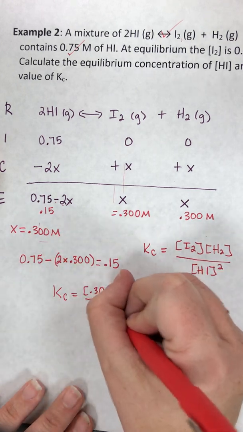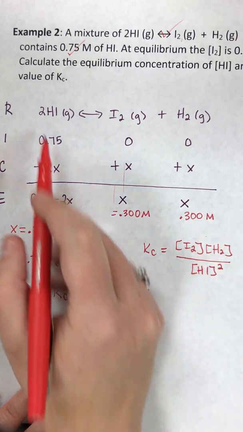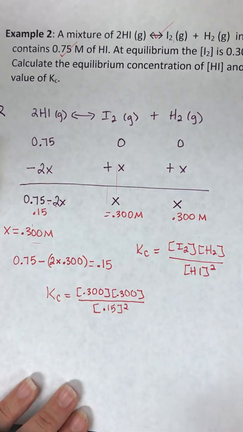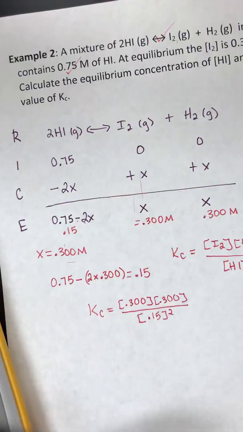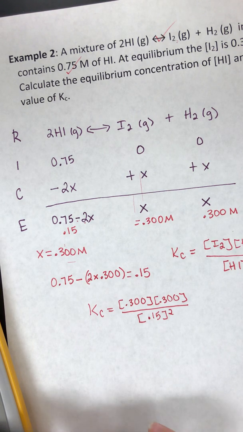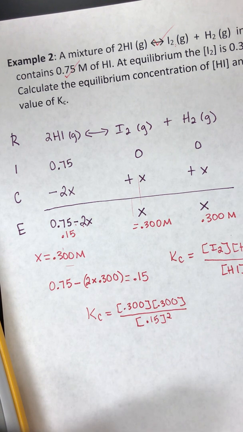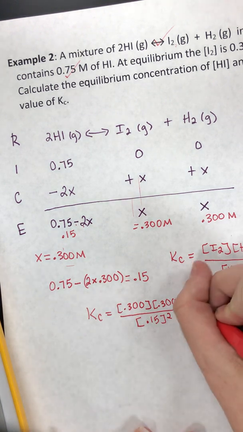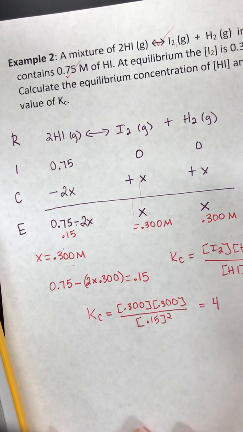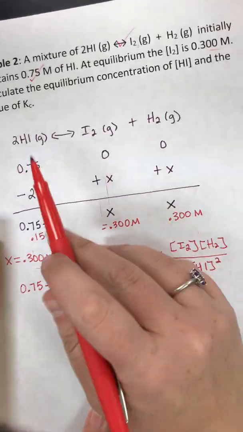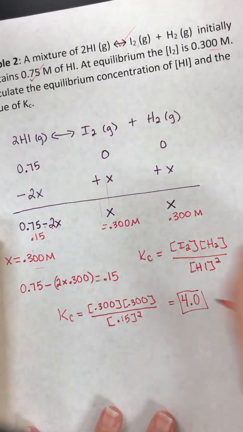We got 0.15, but we need to square it because of that 2 in front. And that's what our expression says to do. Okay, so now you can type in numbers. So 0.300 times 0.300 divided by 0.15 squared. Okay, so I got 4. I'm going to go ahead and use 2 sig figs because that's the least amount of my givens. So Kc equals 4.